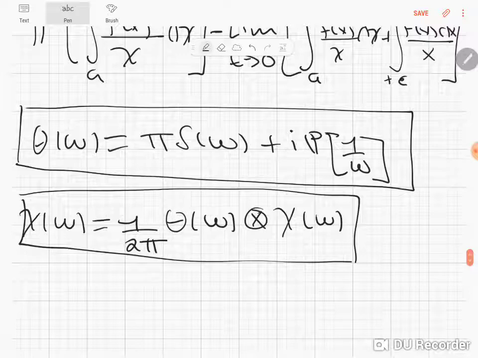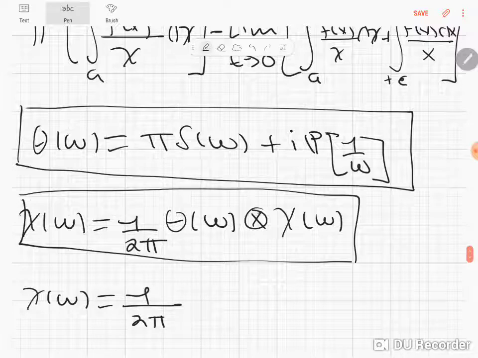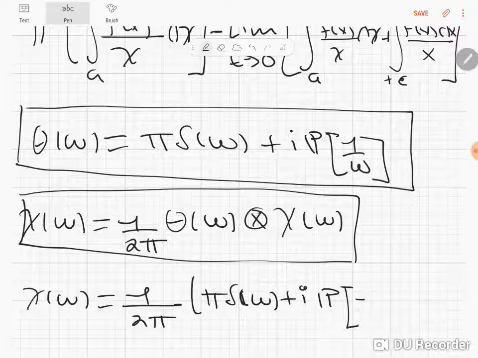What that means is that we're going to replace what we know about theta, and then we're going to proceed. So chi of omega is equal to 1 over 2 pi times pi delta of omega plus i, the principal value of 1 divided by omega, convolution with chi of omega.